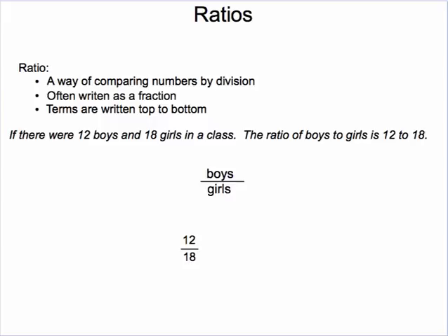I know that my greatest common factor is 6. So I'm going to divide both the top number and the bottom number by 6. And I end up with 2 over 3. So the ratio of boys to girls in the class is 2 to 3.